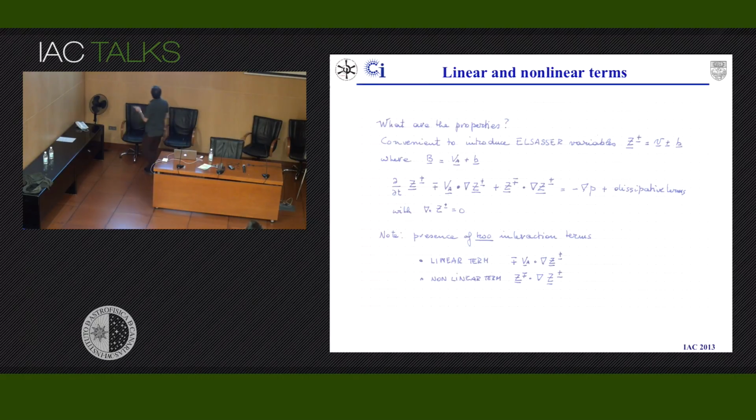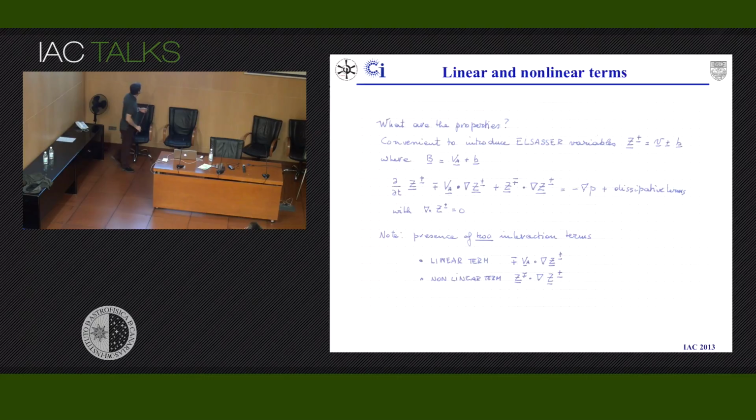And the other one is a nonlinear interaction, Z minus, Z plus, Z plus, Z minus, which means each one of the fluctuations interacts with the other one. So the Z plus interacts with the Z minus, and the Z minus with the Z plus. So you have 2 interaction terms, a linear one, which is VA dot grad Z, and Z dot grad Z.